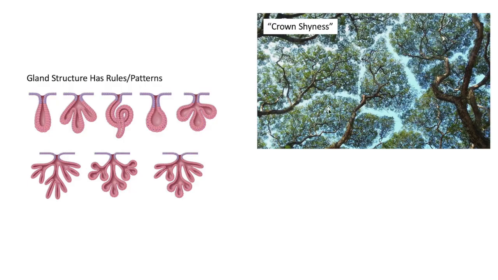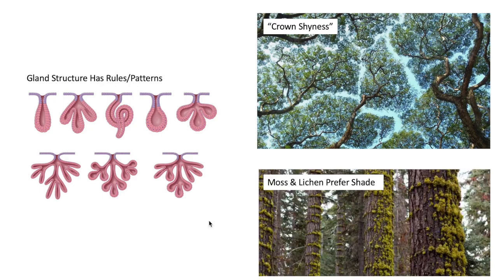Another example is a phenomenon known as crown shyness. Some trees, when they grow next to each other, avoid crowding each other and form nice, neat borders. And so the growth pattern of one tree is not fully understood unless you know where its neighbors are positioned. A third example is moss and lichen, which typically grow on one side of trees.